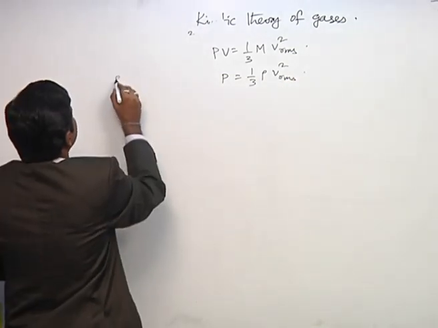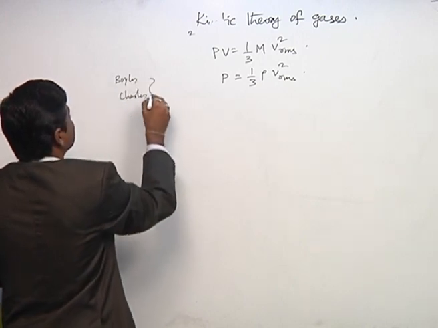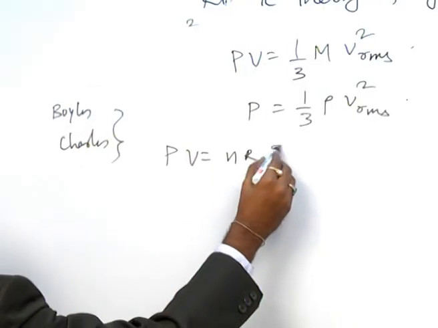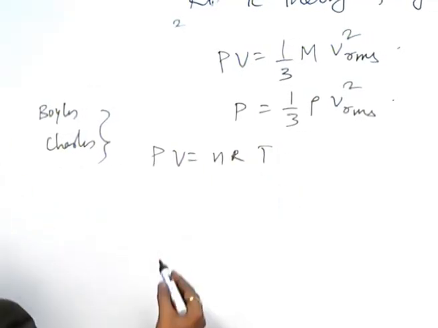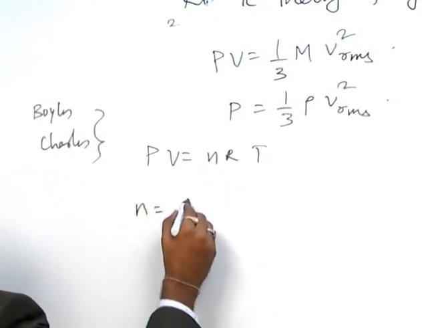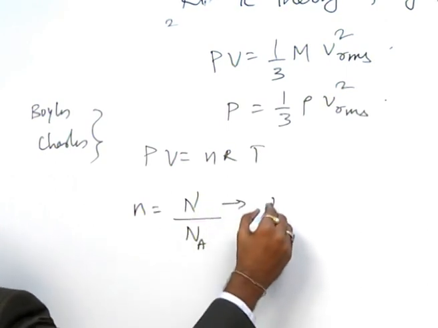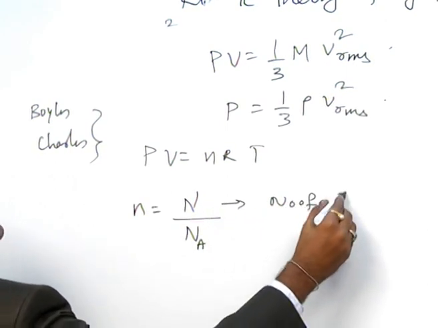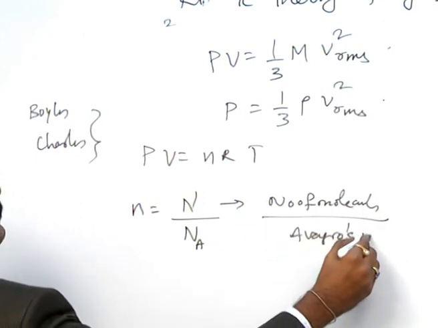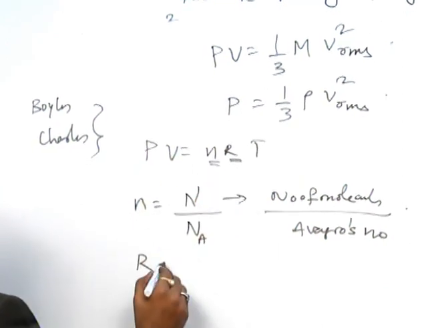See, from Boyle's law, Charles law and Avogadro's law, we are taking the ideal gas equation, PV is equal to nRT, where n is the number of moles. See, from this, n is the number of moles, this you can write as number of molecules by Avogadro's number. And we are taking this ideal gas constant R here.